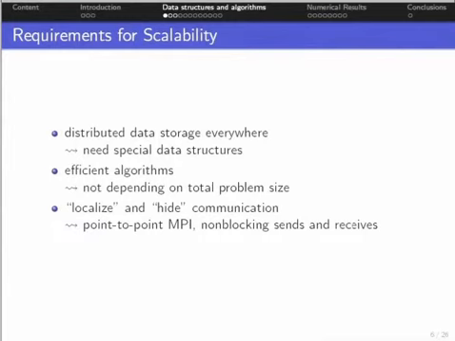You cannot just copy the whole solution vector to processor 0 and do some computation there and hope that works. And the third thing is obviously that communication doesn't scale, so you need to avoid global communication by doing point-to-point communication as much as you can, and hide communication behind local computation. Not much magic here.